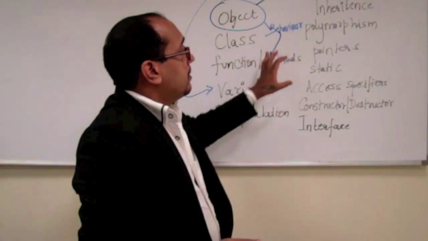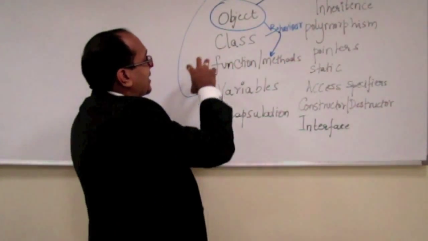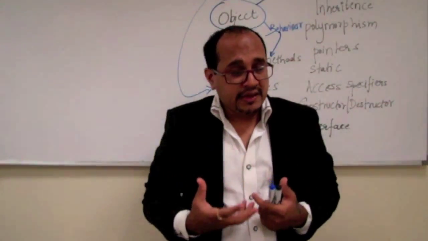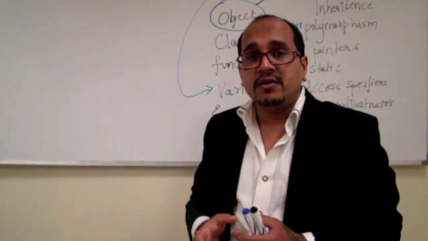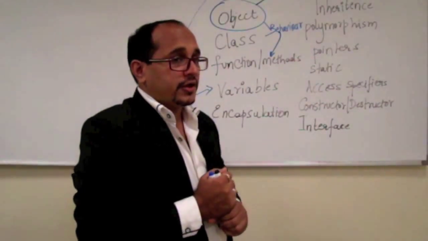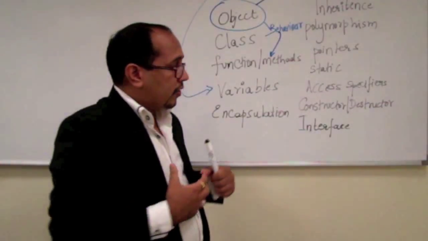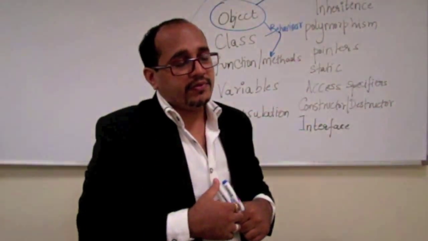We say it's methods. One can say class variables, the class members, are the state of an object, whereas the member functions, or methods in an object-oriented language, are the behavior of an object. The purpose is represented by the behavior, and the appearance is represented by the state.